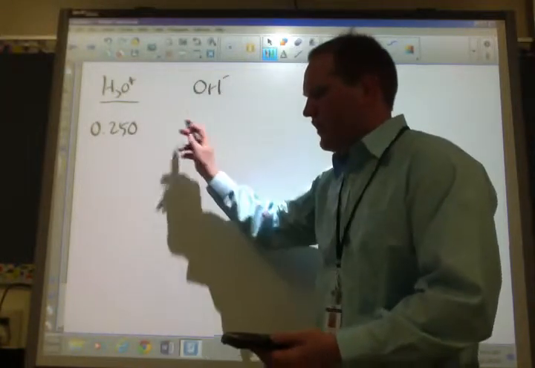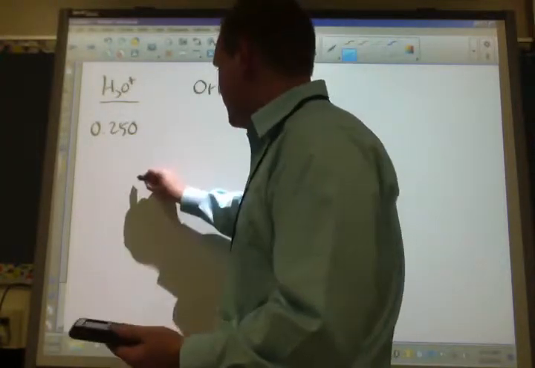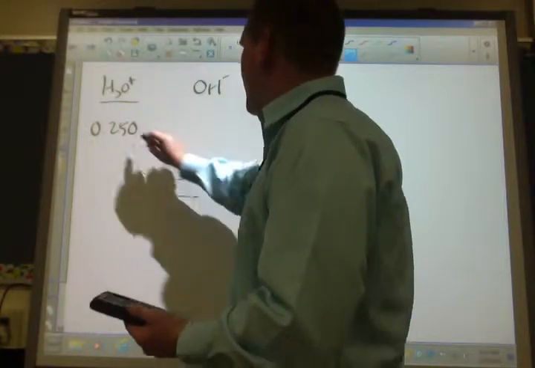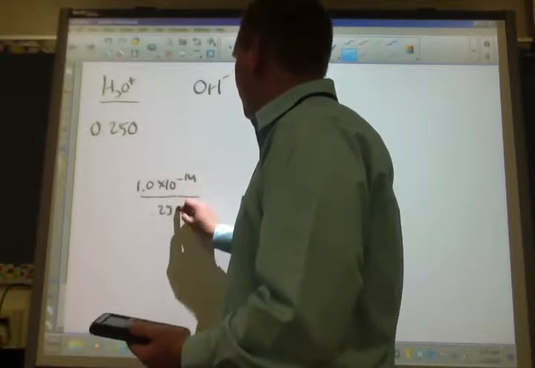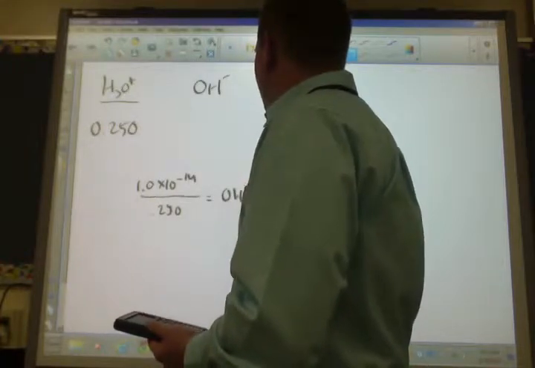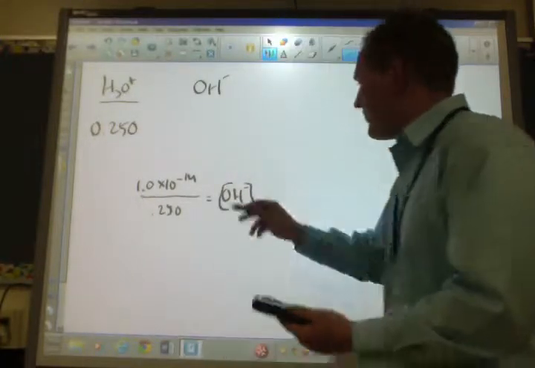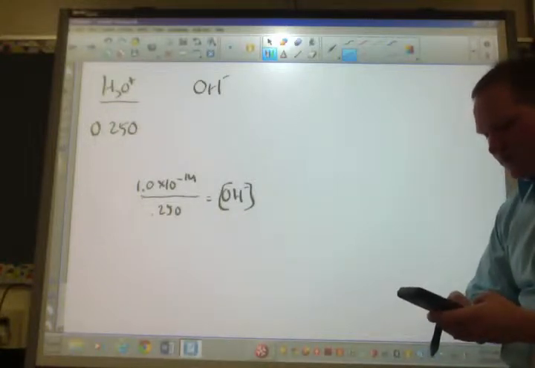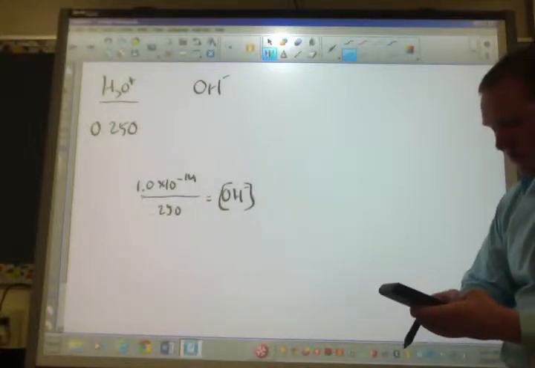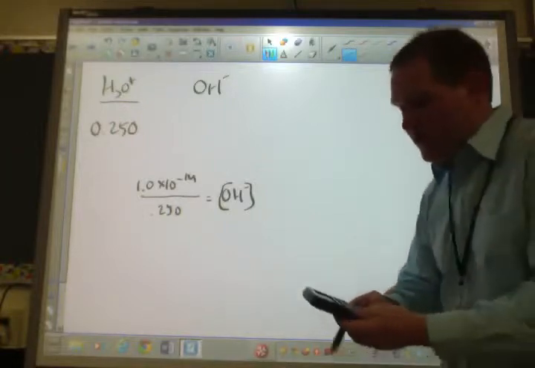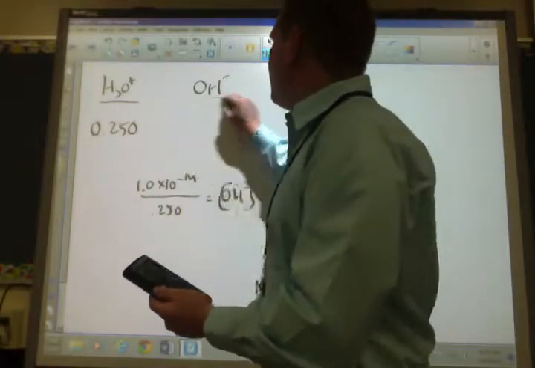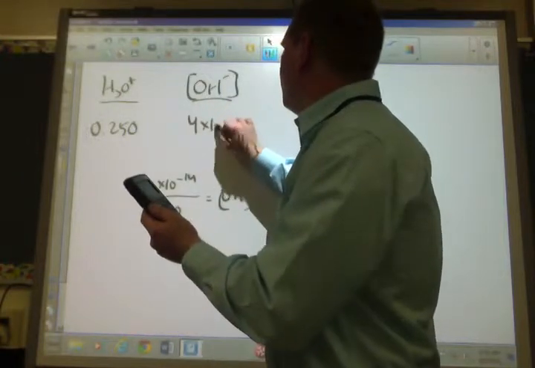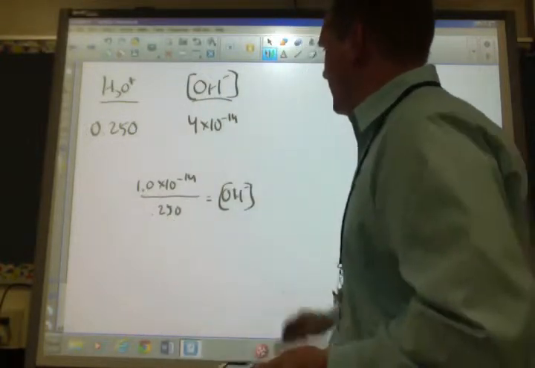To find OH minus, the formula we use is 1.0 times 10 to the negative 14th divided by this, which gives us OH minus concentration. So let's find that out. 1E negative 14 equals, divided by 0.250, that's just going to be times 4. So the concentration of OH minus equals 4 times 10 to the negative 14th.